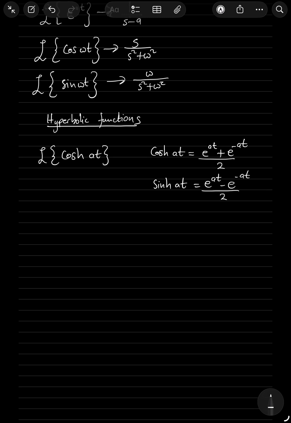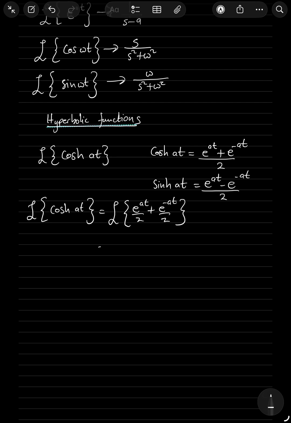So this will make our lives very simple, because now the Laplace of cosh at is equal to the Laplace of e to the at over 2 plus e to the minus at over 2, right?